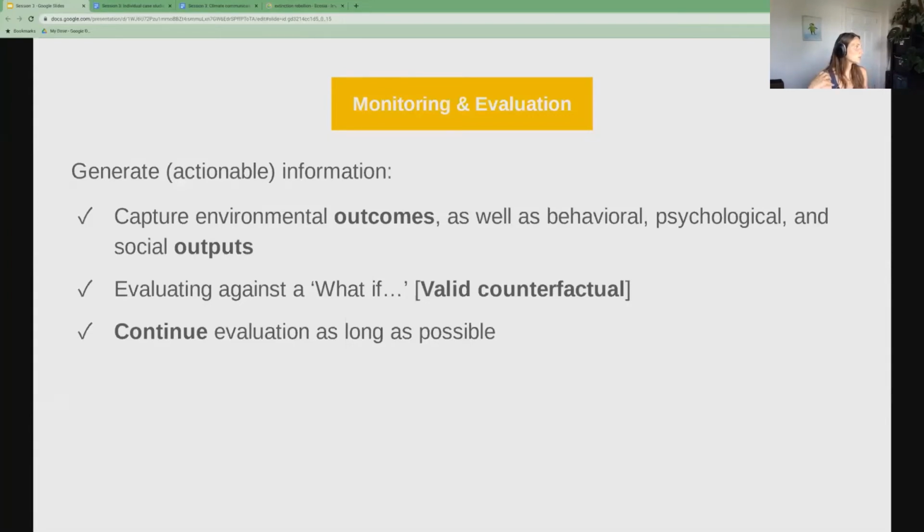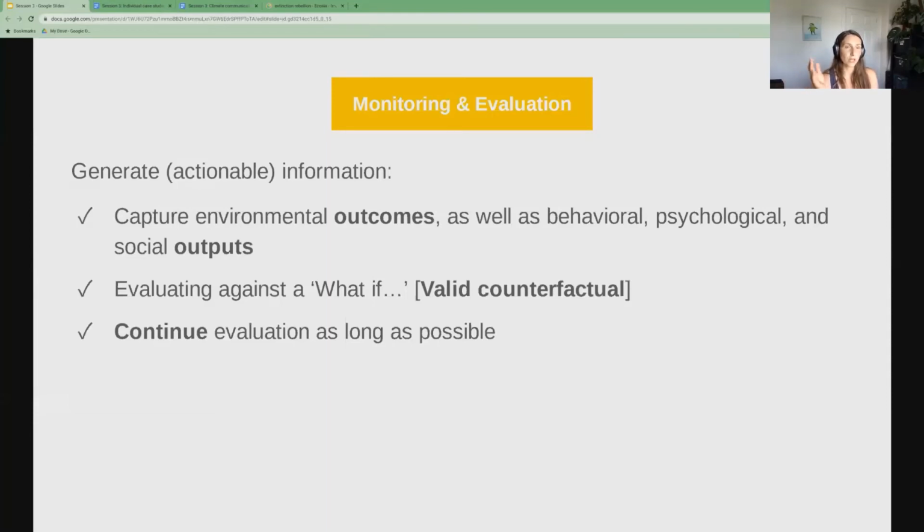So, for example, you might want to capture the behavioral, psychological, and social outputs. So, for example, for our composting campaign, that might be we check in every now and then and ask our farmers how much composting they are actually doing. So that is the behavioral output.